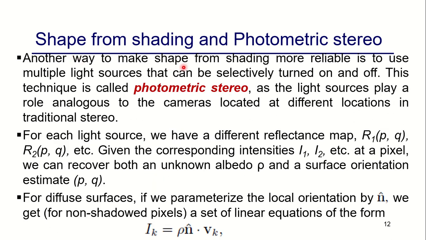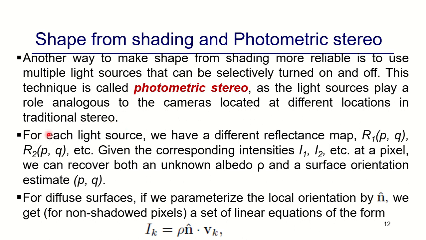Another way to make shape from shading more reliable is to use multiple light sources, and you can selectively turn them on and off. This combination technique is called photometric stereo, as the light sources play a role analogous to the cameras located at different locations in traditional stereo.